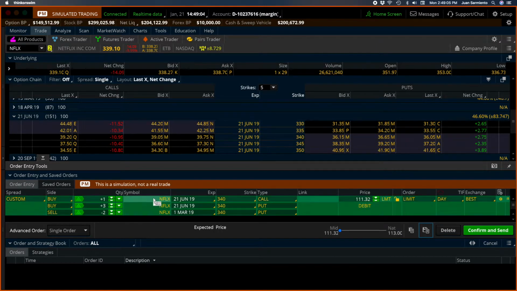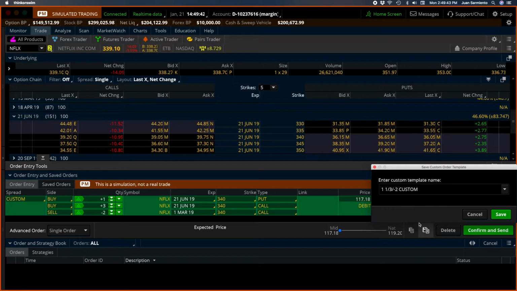Next, we create a call Seagull simply by inverting the existing calls to puts and puts to calls. It is synthetically the same trade, but we're going to call it the call Seagull. And we can simply now save a template as call Seagull. Save it.